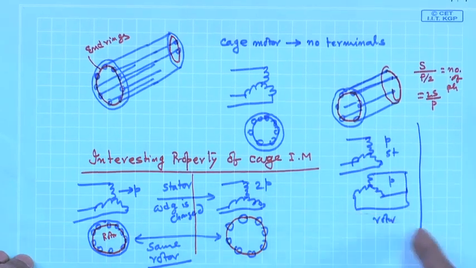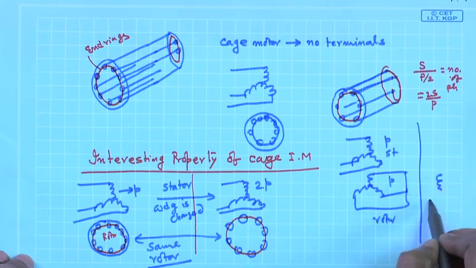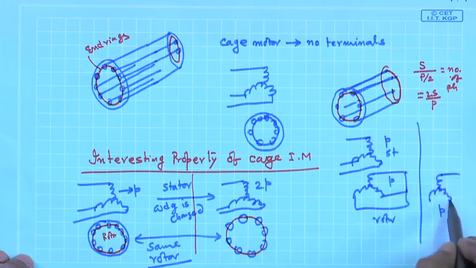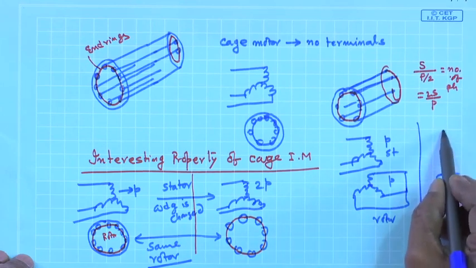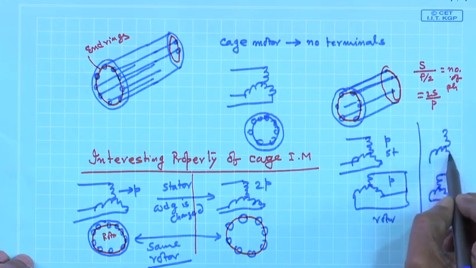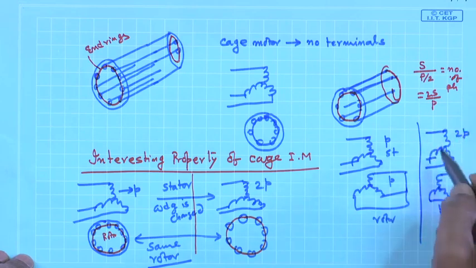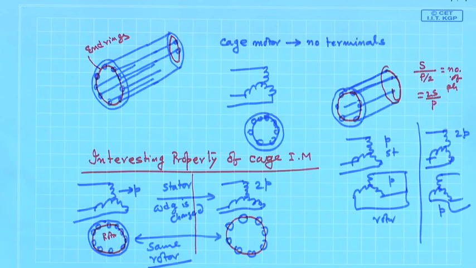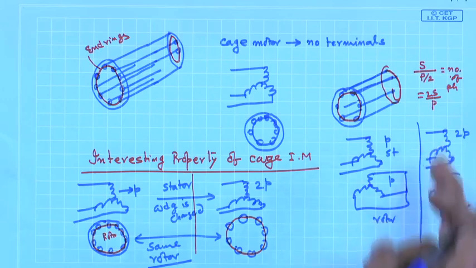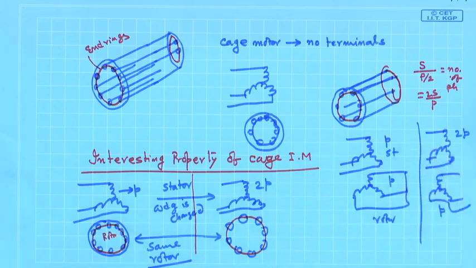But for this machine, if you do not do anything with the rotor, keep it as p pole and the stator winding, rewind it for 2p poles, energize the supply, and the machine is obviously not going to start, not going to run, simply because the number of poles produced by stator and rotor are different.